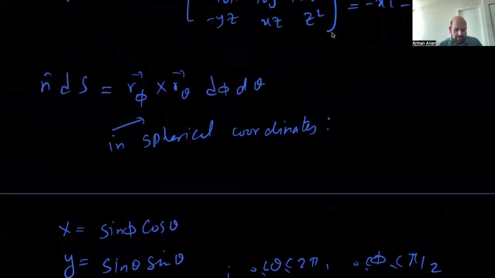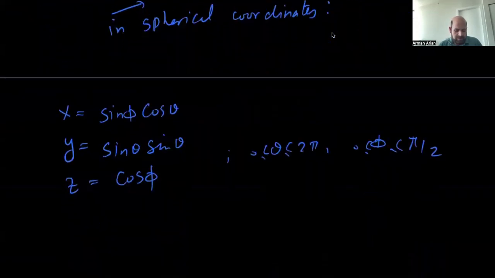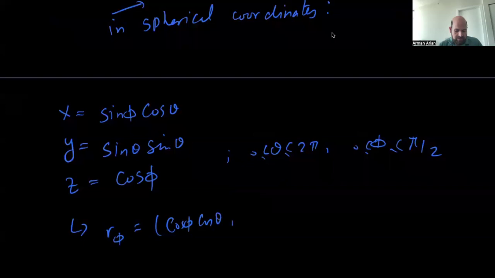So then if we calculate r phi cross r theta, what will be r phi? r phi will be the derivative of sine phi, which is cos phi, so cos phi cos theta, then cos phi sine theta, and minus sine phi.